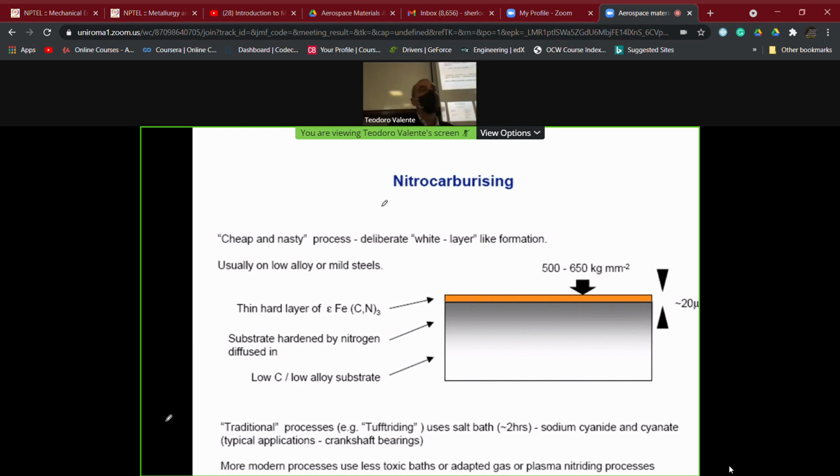So we do not need to temper if we just use solid state diffusion of nitrogen.